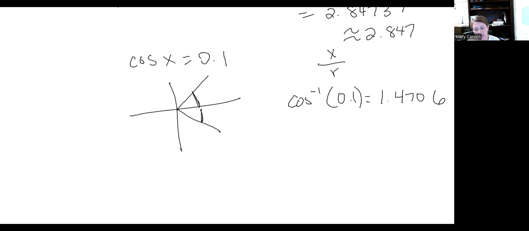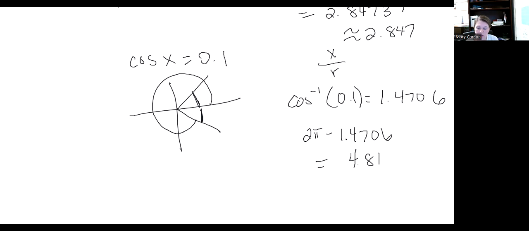And then to find this angle, you would do the whole thing minus this. So you would do 2 pi minus 1.4706, and you end up with 4.8125. So your two answers would be this one and that one.